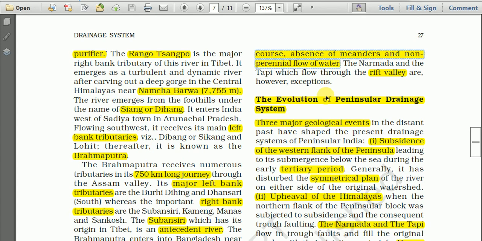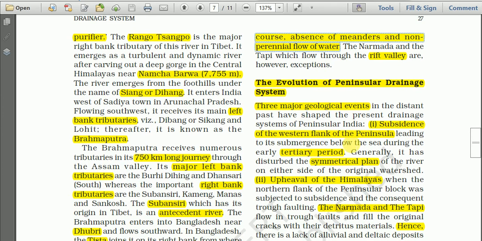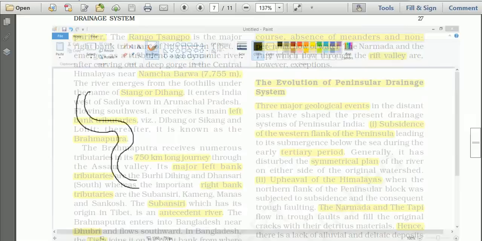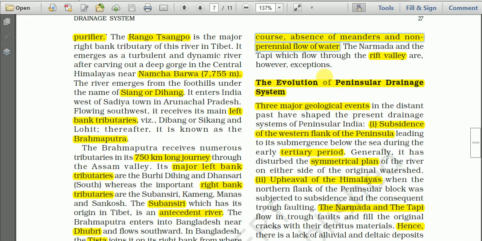Non-perennial flow means seasonal; they contain water only during the rainy season. Most of the South Indian rivers do not form meanders. Meanders, you know, is the winding of the rivers. Here you will find this in the Himalayan river system in the plain areas. Such winding rivers you may not find in the peninsular rivers.